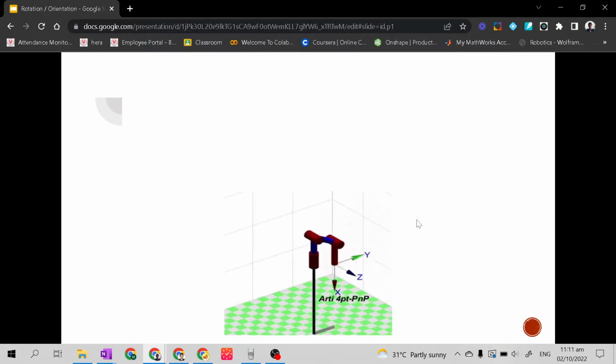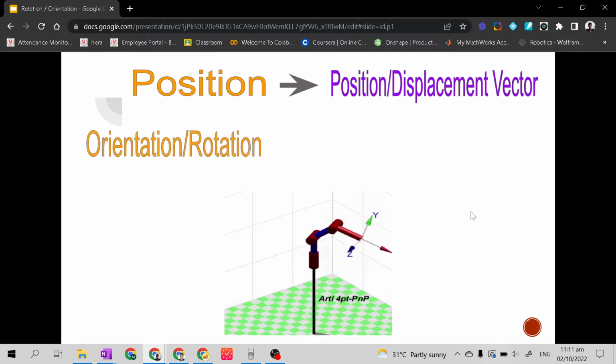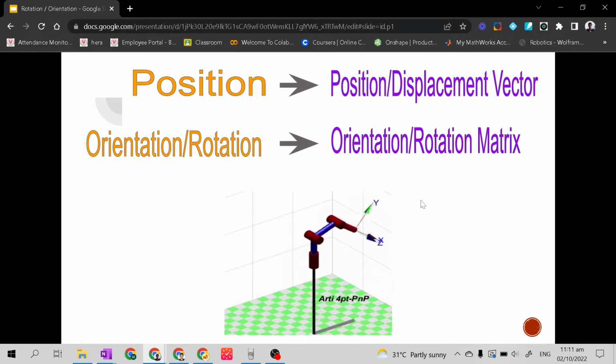In mathematical modeling, the position is described as a position or displacement vector, while orientation or rotation is described using an orientation or rotation matrix. With the help of the position and orientation mathematical models, we can make our mechanical manipulator move.